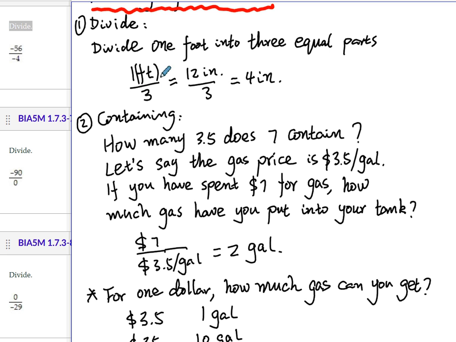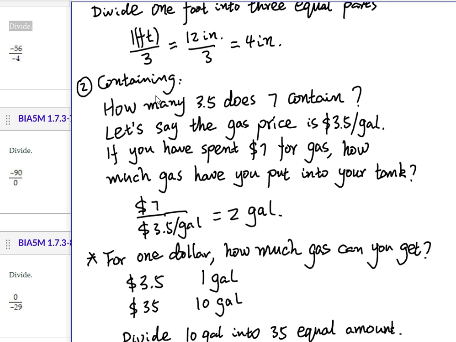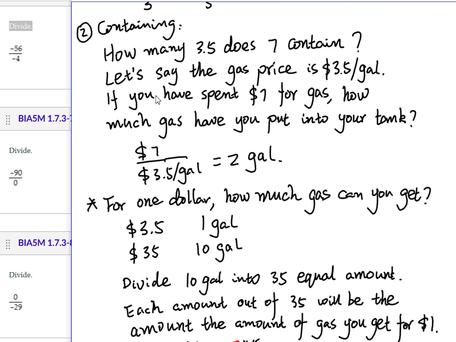a number into equal parts. Another meaning is containing. Here is the example. How many 3.5 does 7 contain? Let's say the gas price is $3.50 per gallon.